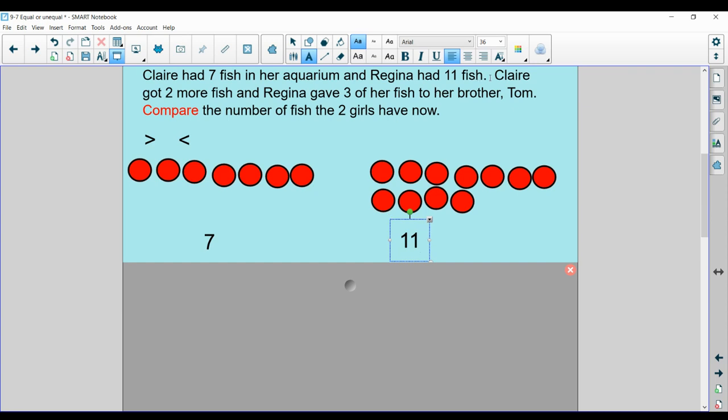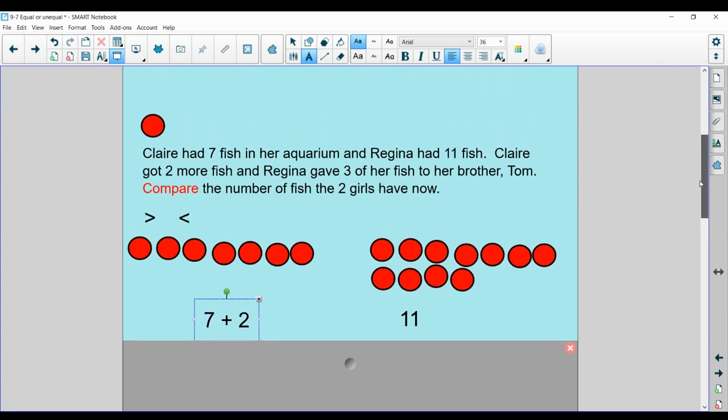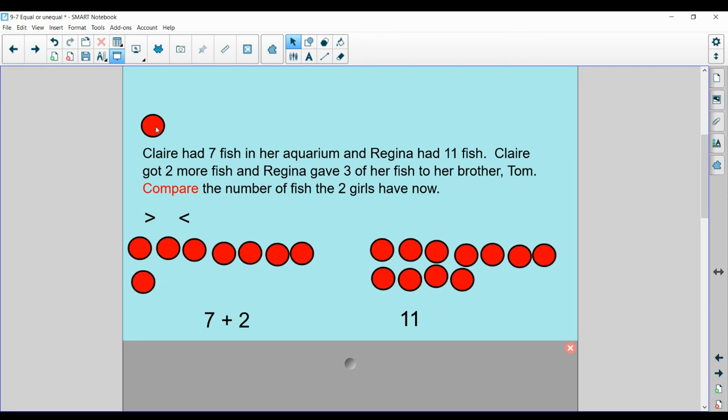But now Claire got 2 more fish. So if she gets 2 more fish, we're going to add 2. I'm going to show that with my counters. I'm going to add 2. 1, 2.